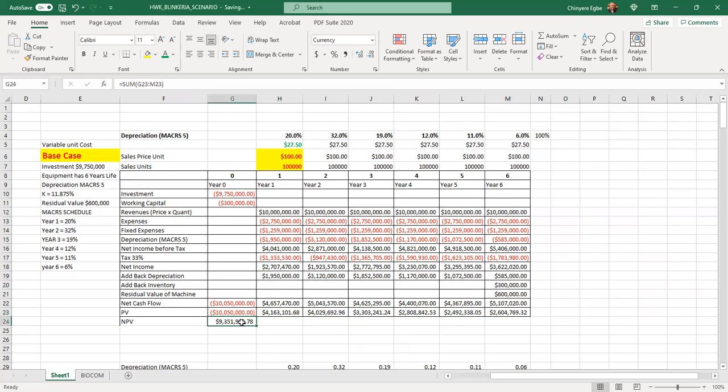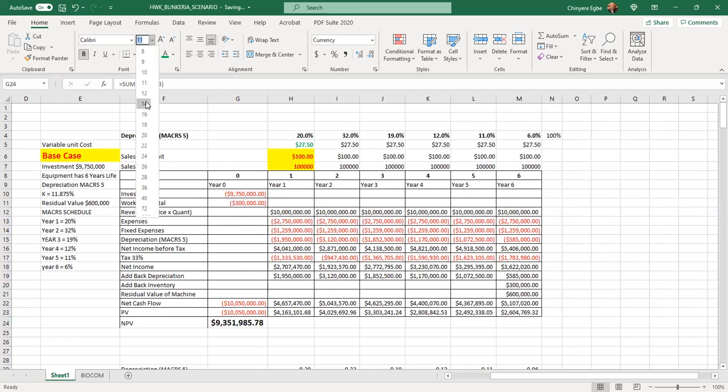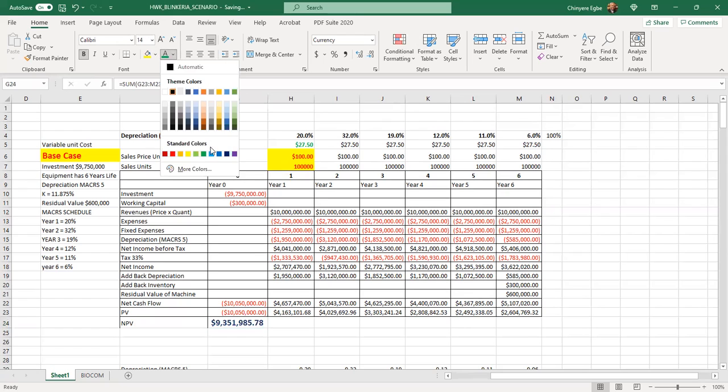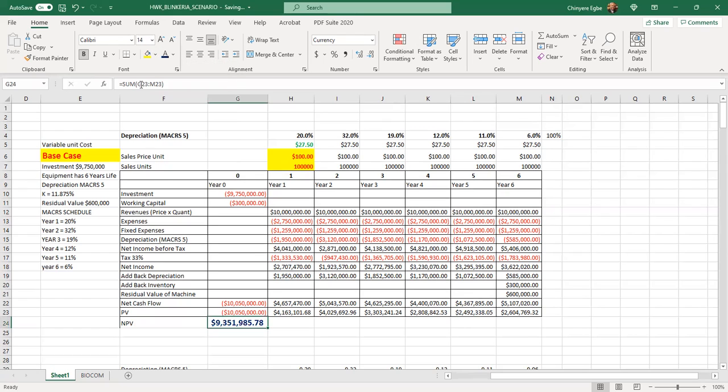And so this is the net present value, which is the sum of all these values, because you subtract the initial capital investment and you add all the cash flows. And so the net present value is positive. So in that case, we accept the project. Okay, net present value is positive. And let us see if we can make a difference. All right, so that is the net present value.